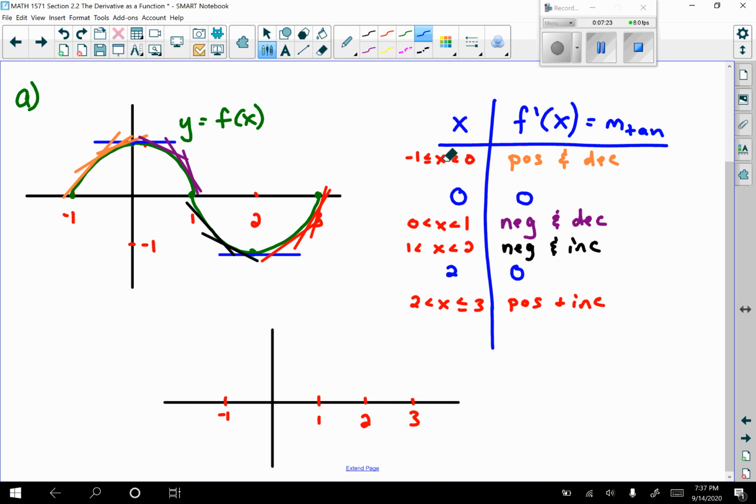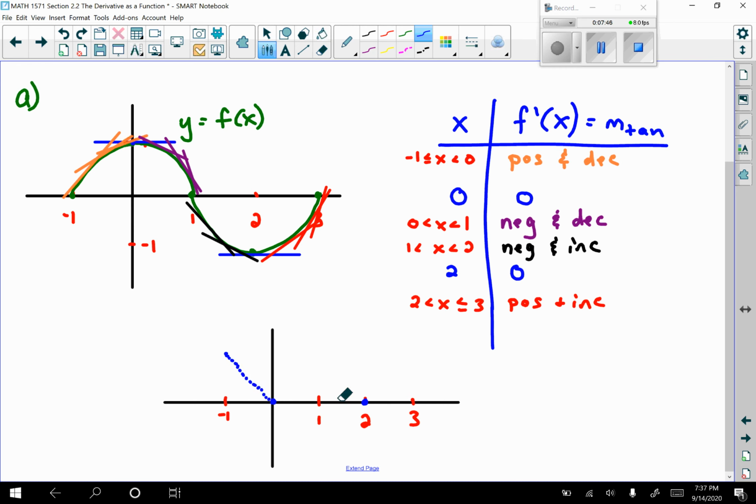All right, so between -1 and 0, our points are positive. I don't know exactly how high up they're going, but let's say they start right here. And they're positive, and then they're decreasing. And I know it's going to be 0 right here at 0. And it's also going to be 0 at 2. So if I'm positive and decreasing, that means I'm coming down through this point right here.